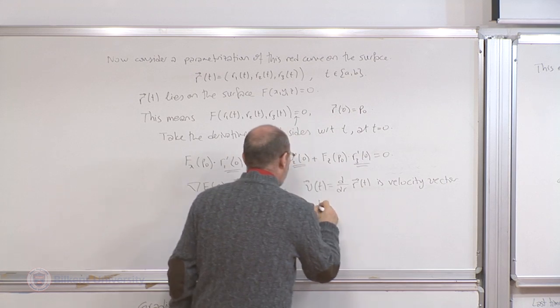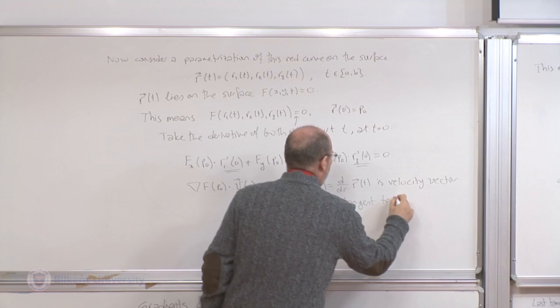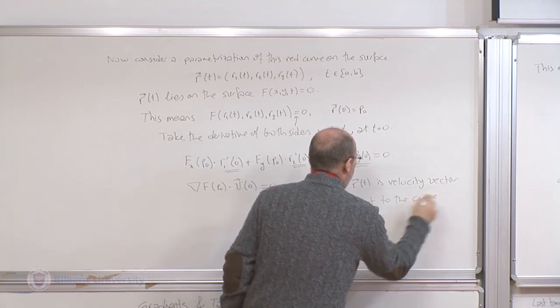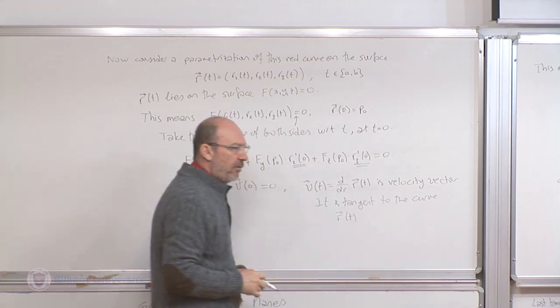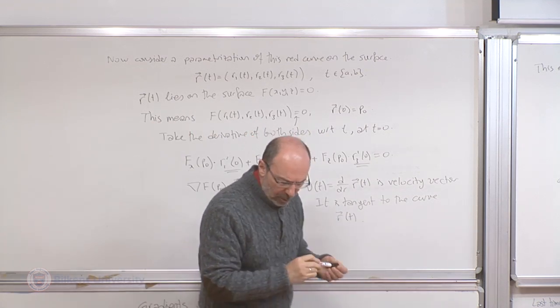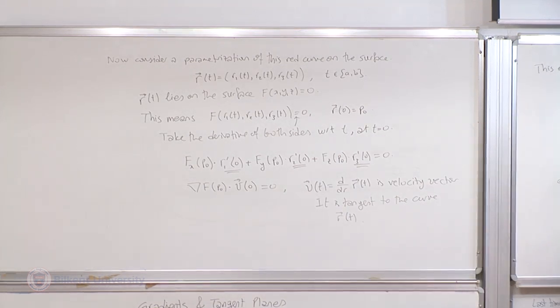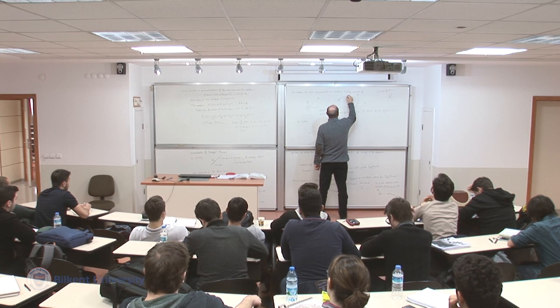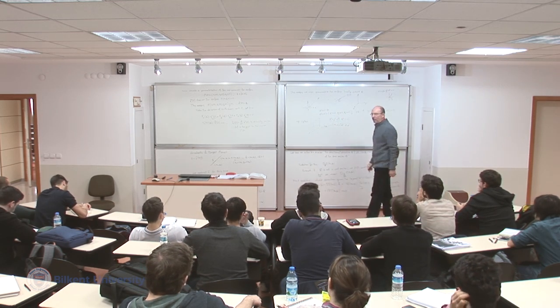It is tangent to the curve r(t) wherever you are evaluating this. So it turns out that in our calculation, this green thing turned out to be the velocity at 0. That's the tangent vector.